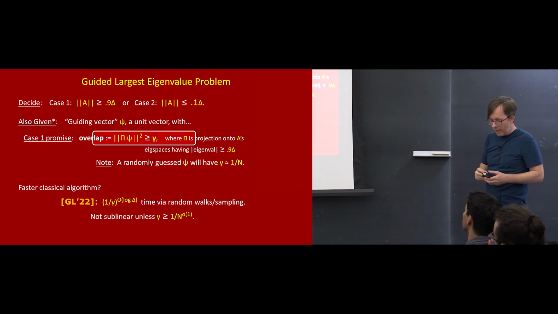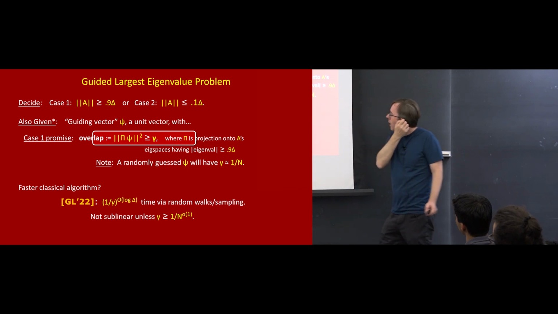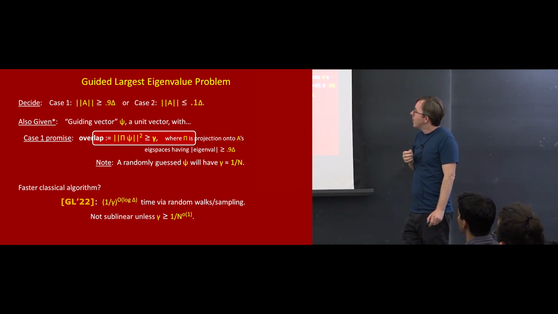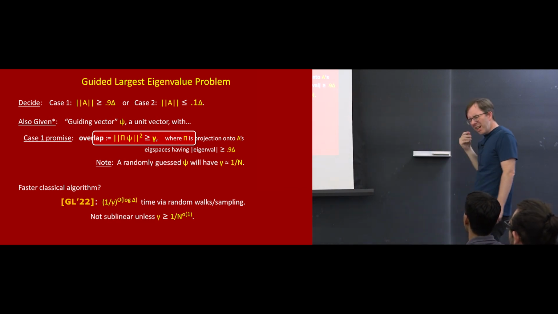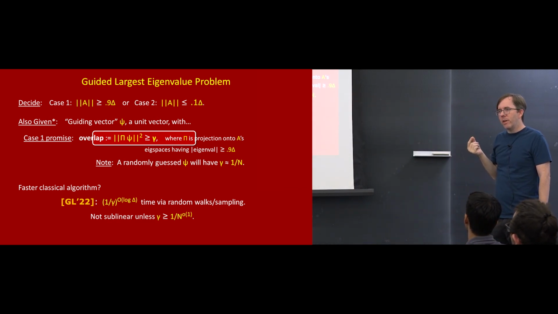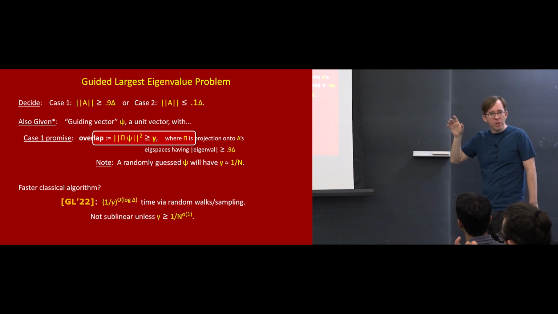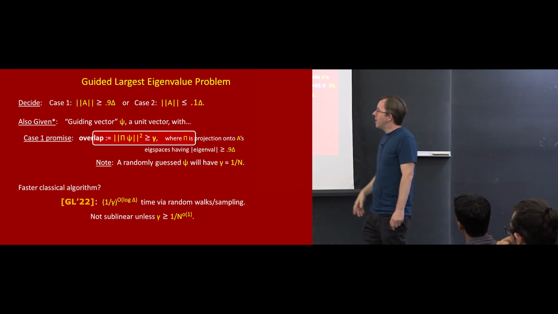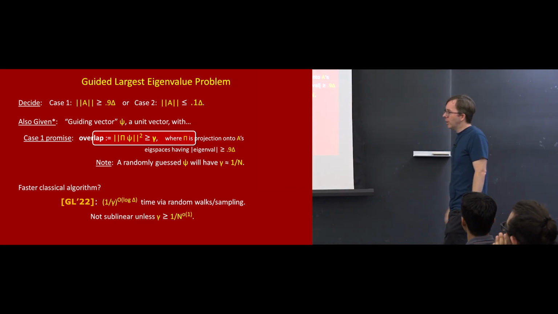So we're interested in the case where this gamma parameter is larger. But one might ask if having this guiding vector can help you. It's easy to see it doesn't really help with the power method algorithm. The power method starts by picking a random vector and then multiplying A against it a bunch of times. But it converges very rapidly, so if the starting vector has good overlap with the eigenspace, it doesn't especially help you anyway.